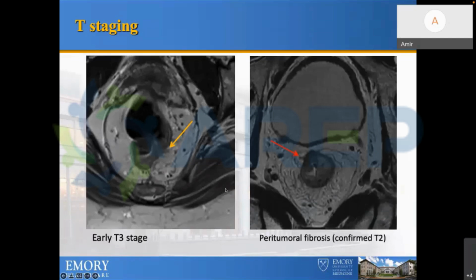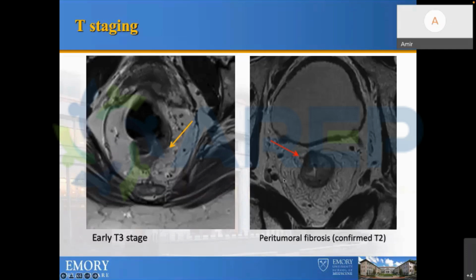Okay, so when you're dealing with a little bit of irregularity of the mesorectal fat, it's very hard to differentiate actual tumor cells that are extending into the fat from other changes. There's a tumor sitting right here, and then there's a dark band coming out of it.